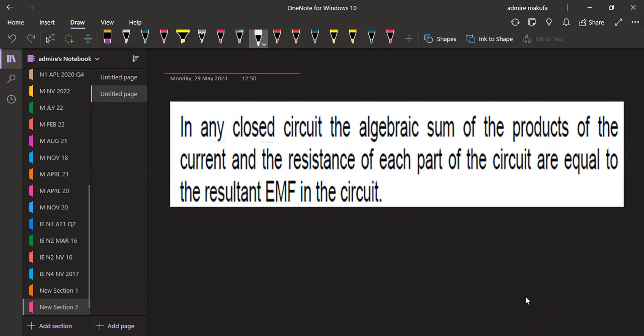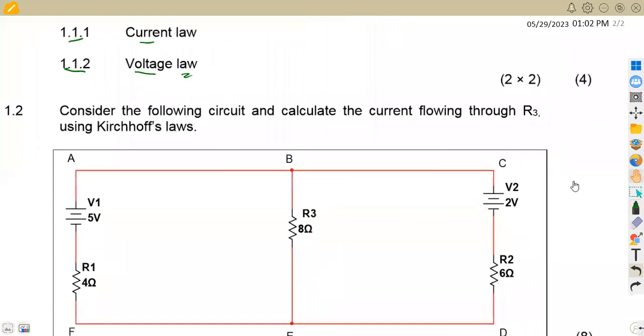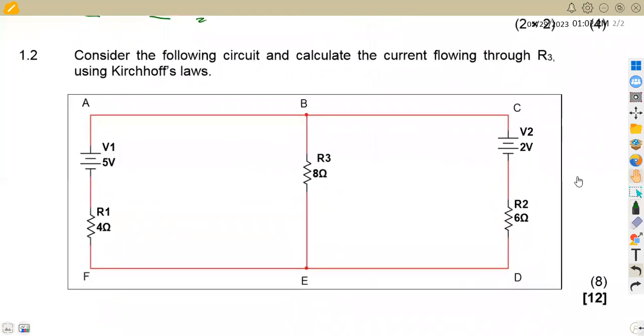I'm not going to explain much here because this is the part you're going to use in the second question, so I'll explain it more when we answer that question. But that is all about the algebraic sum, referring to the voltage drops. If you add those voltage drops, they must be equal to the total.